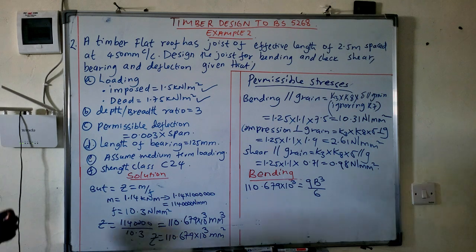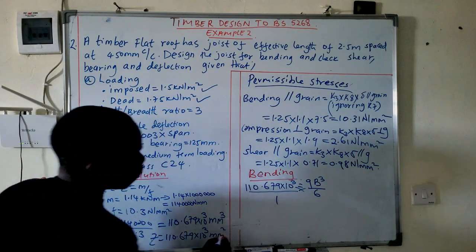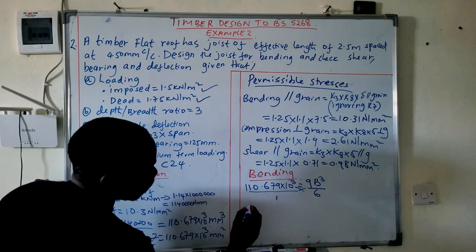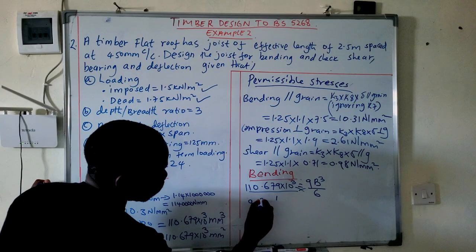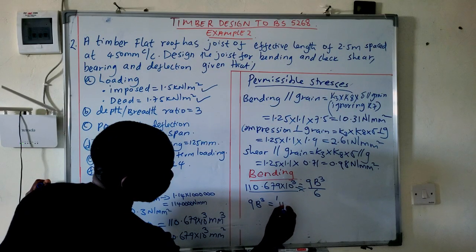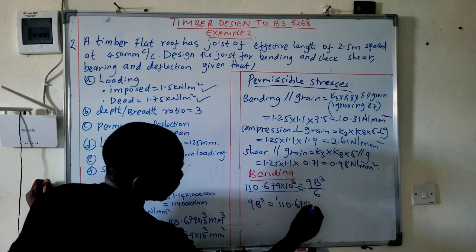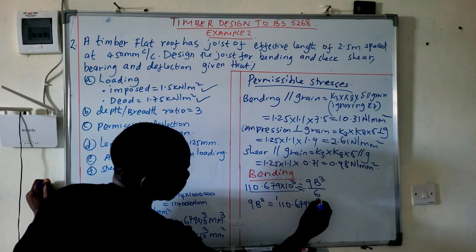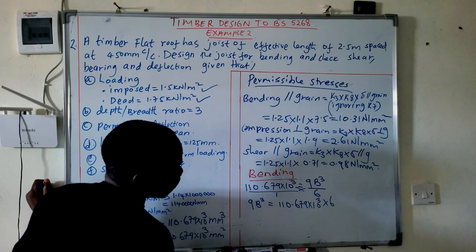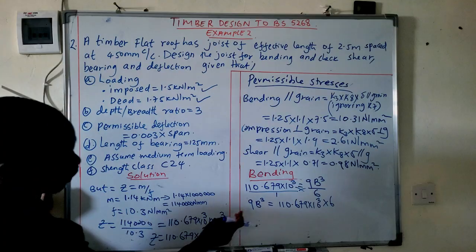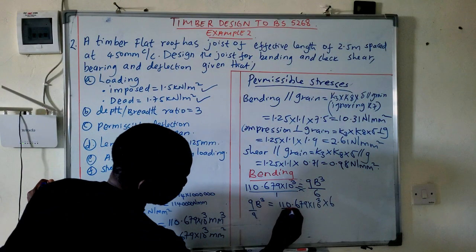So cross multiply, we will have 9B cubed is equal to 110.679 times 10 raised to power 3 times 6. Since we want to get the value of B, divide both sides by 9.